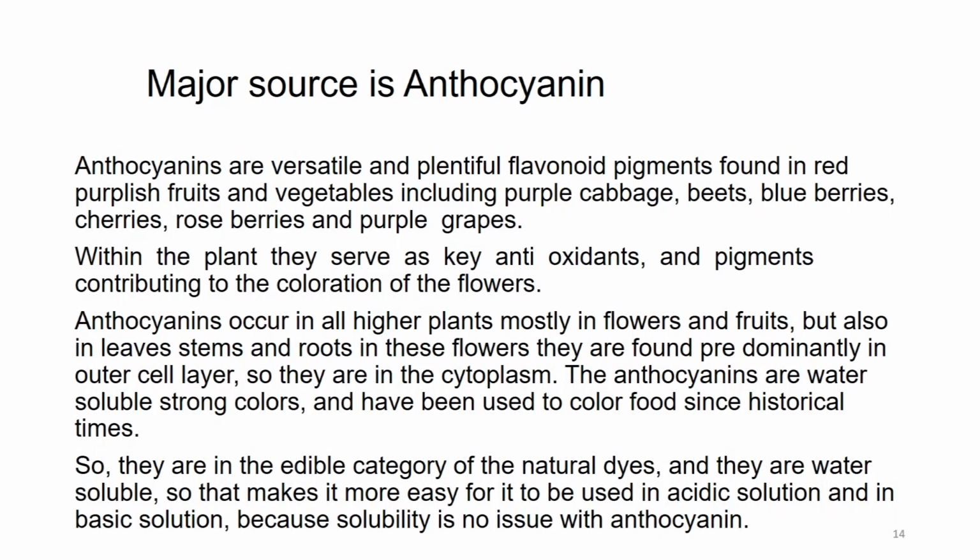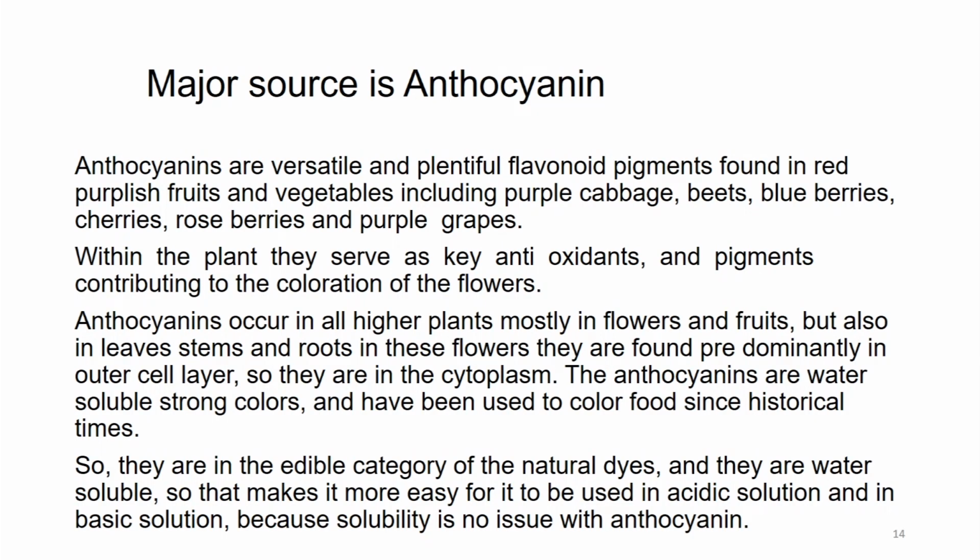The major source for pH indicators, therefore, boils down to anthocyanin. Anthocyanins are versatile and plentiful flavonoid pigments found in red purplish fruits and vegetables, including purple cabbage, beetroot, blueberries, cherries, roseberries and purple grapes.